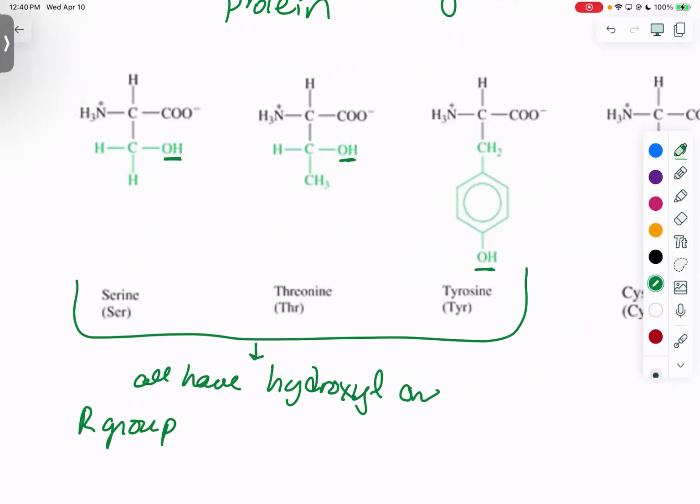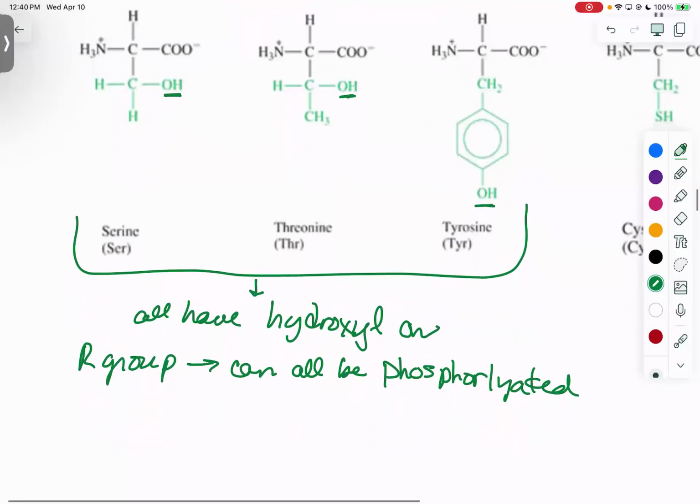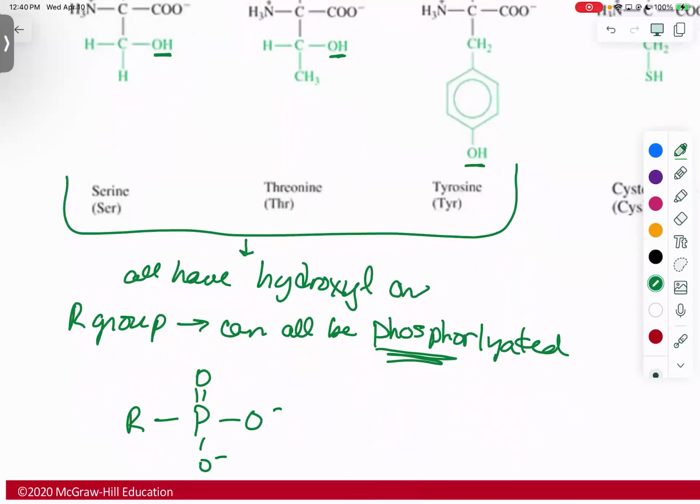Now this is really, really important because they can all be what's called phosphorylated. Do you remember in our functional groups paper, we said a phosphate group, right? Like you had an R and you had a phosphorus and an oxygen and an oxygen and an oxygen.